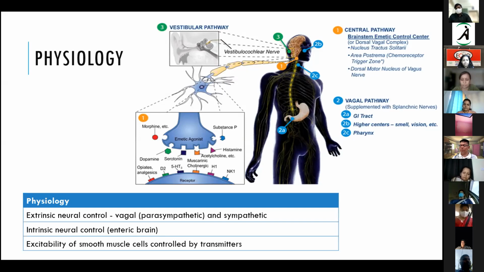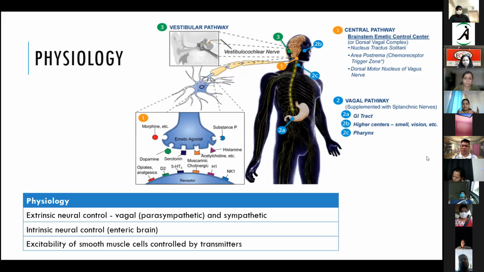and appropriately managing it. Mainly three pathways are at work: the central pathway, the vagal pathway, and the vestibular pathway. In each of these, there are various control centers involved. In the central pathway, it is mainly through the brainstem emetic control center, which includes the chemoreceptor trigger zone, the dorsal motor nucleus of the vagus, and the nucleus tractus solitarius.